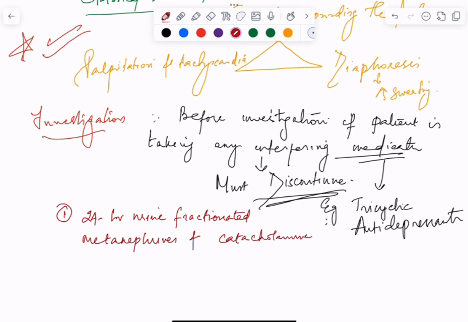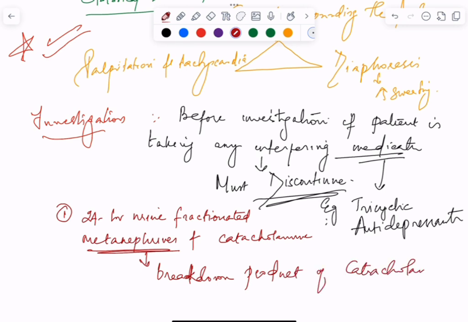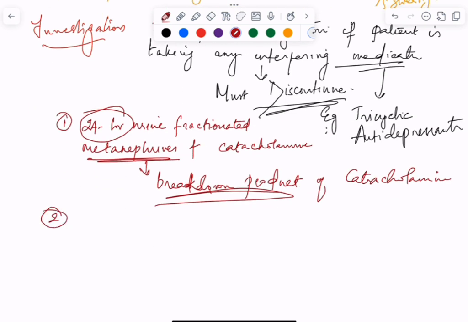Okay, it's nothing more. So this is the first investigation we can do. And also we can do plasma fractionated metanephrines. This is also an investigation method. Fractionated metanephrines we can diagnose from the plasma. So these two are the investigations we can do.